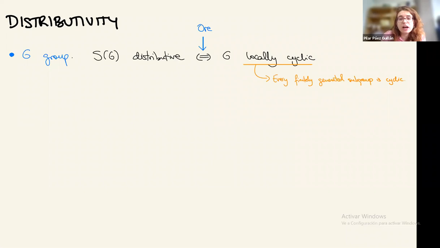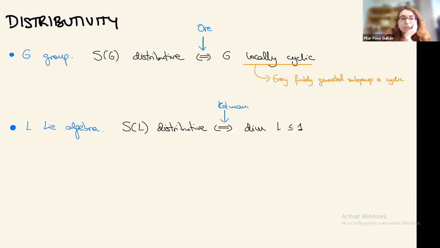For distributivity, we have a very nice result given by Ore, which says that the lattice of subgroups of a group will be distributive if and only if the group itself is locally cyclic, which means that if I pick any finitely generated subgroup, this subgroup will be cyclic. Or equivalently, if I pick a subgroup generated by two elements, it must be cyclic. So we can see that in particular G must be abelian. This is the characterization: the lattice is distributive if and only if the group is locally cyclic.